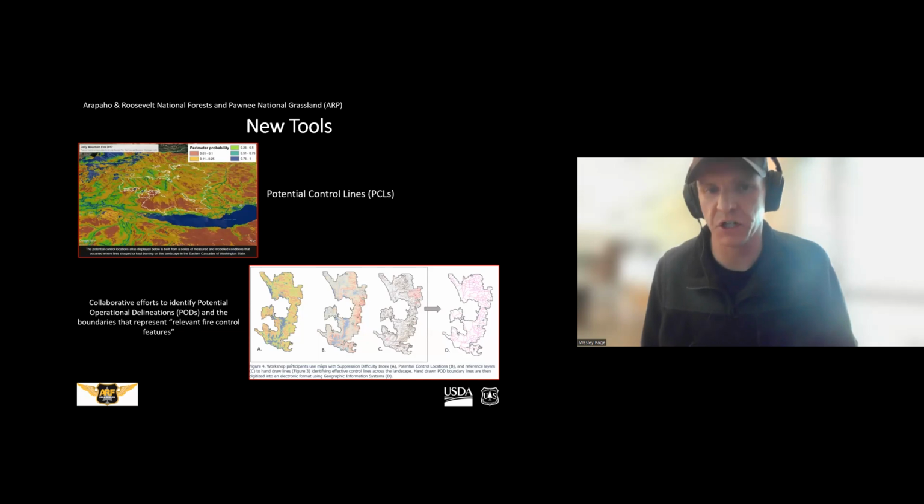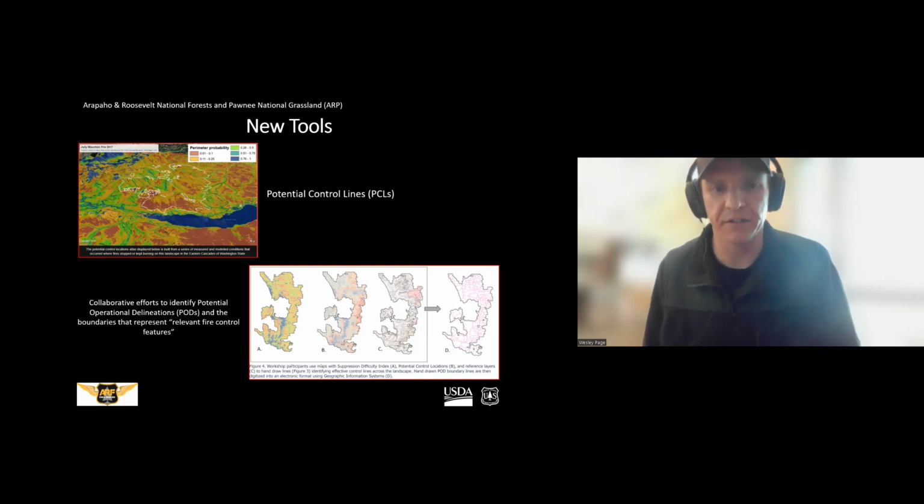And the QRA is one of them. We have the work that's been done at the Rocky Mountain Research Station that folks on CFRI have been involved with. Potential control lines. We did the pod workshop, using some of these tools to collaboratively develop locations, identify pods and locations on their boundaries that are relevant for fire control.